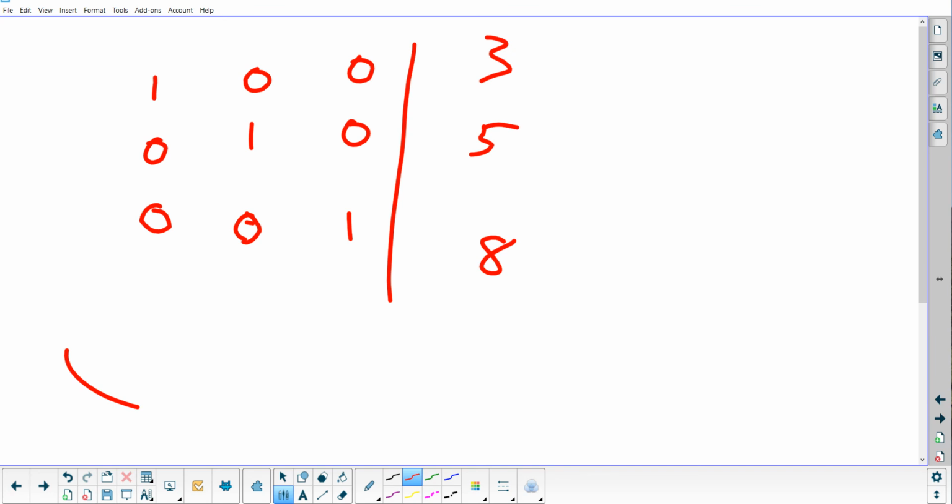Reduced row echelon form is a little bit more work because now you're not only getting zeros below, but you're getting them above, but you don't have to go back and do substitution. All your answers are right there automatically. z equals 8, y equals 5, x equals 3. We're not doing reduced row echelon form. It's not that much harder once you do regular row echelon form. You just have to go back and do the other half to get the other zeros, but it's just not something we're going to take a look at.